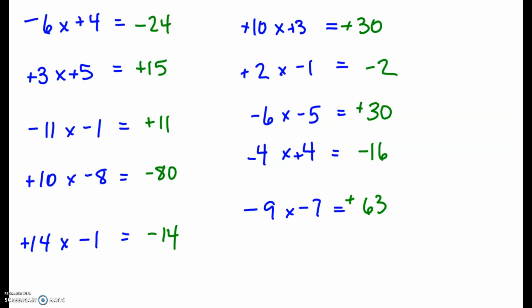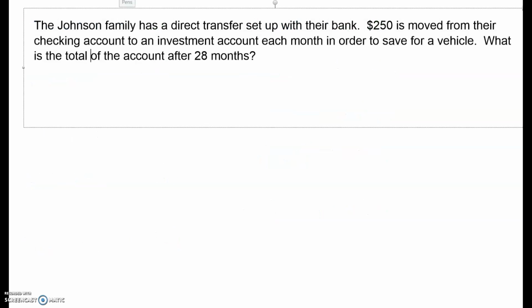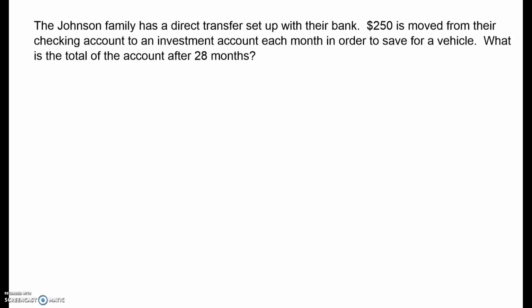All right, let's do the last story problem together. The Johnson family has a direct transfer set up with their bank. $250 is moved from their checking account. Now, your checking account is the account at the bank that money comes out of when you write a check. So they're taking $250 out of that account, so that account will be going down $250.